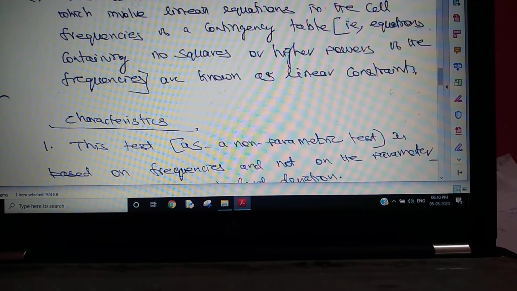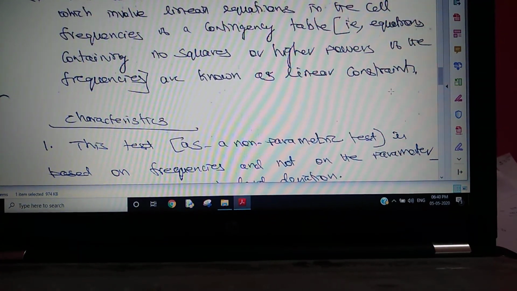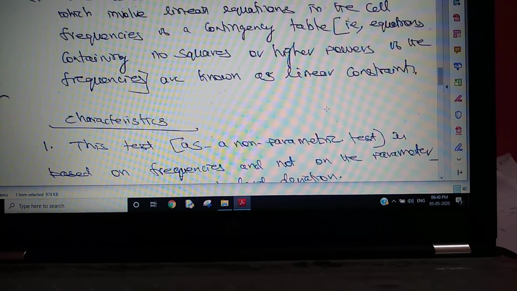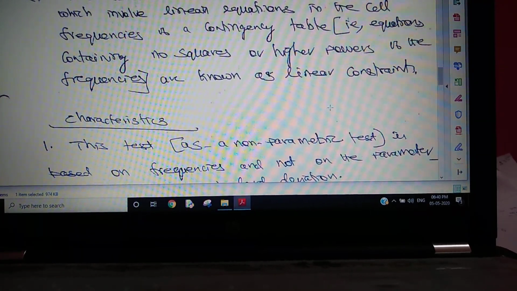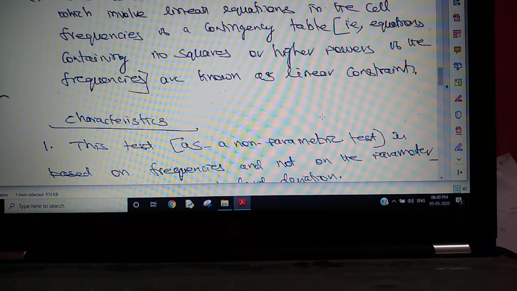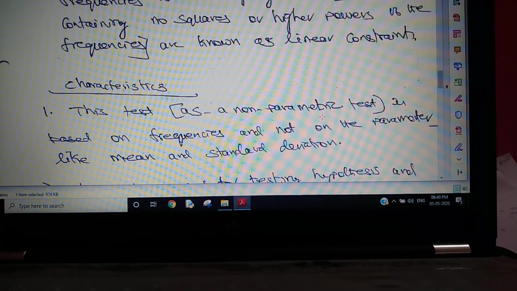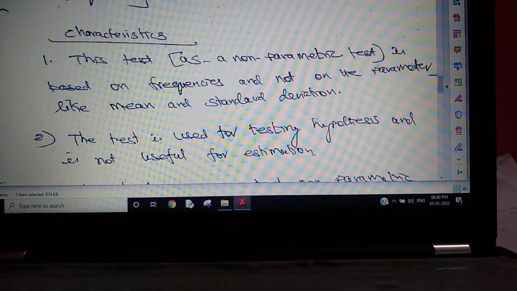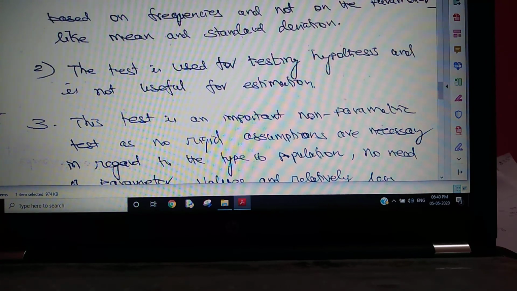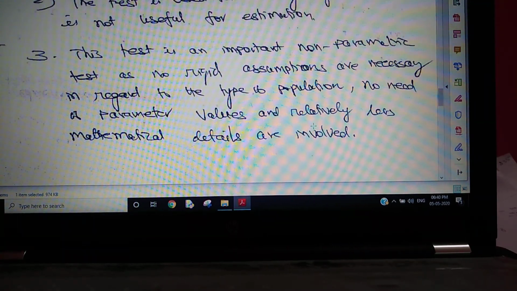Then we entered into primary data and secondary data, how to collect the data, collection techniques, and questionnaire construction techniques. Then sampling procedures, probability sampling and non-probability sampling. Before that, we discussed survey methods and the interview method.